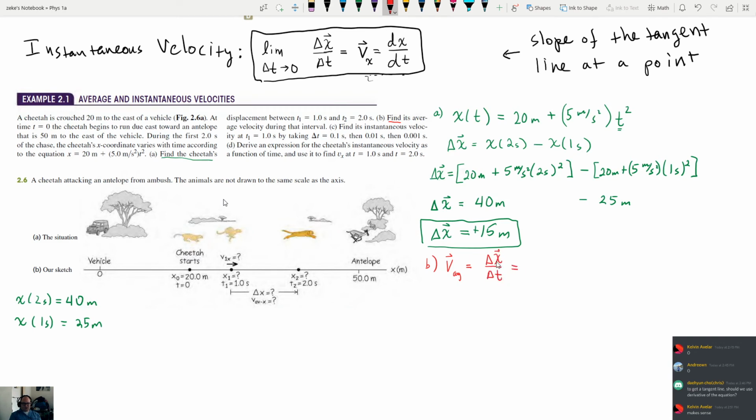So we take delta x, which was 40 minus 25, and we divide by delta t, which was 2 seconds minus 1 second, and we get 15 meters per second. And that is our average velocity right there.